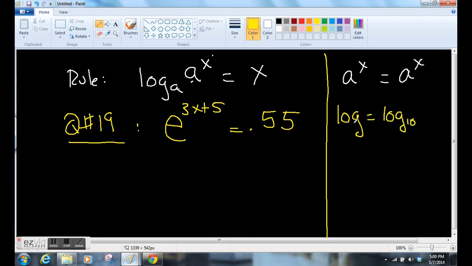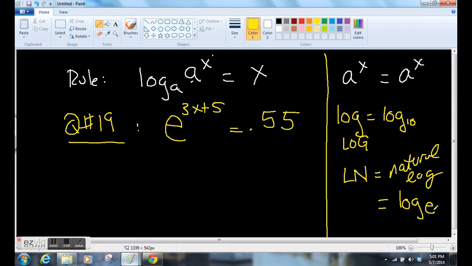Like on your calculator, when it says log and doesn't say anything else, it always means log base 10. And if you see ln, that's called natural log. It's French, I don't know. This means log base e. E is a number, remember. But you would never say log base e, you'd say natural log.